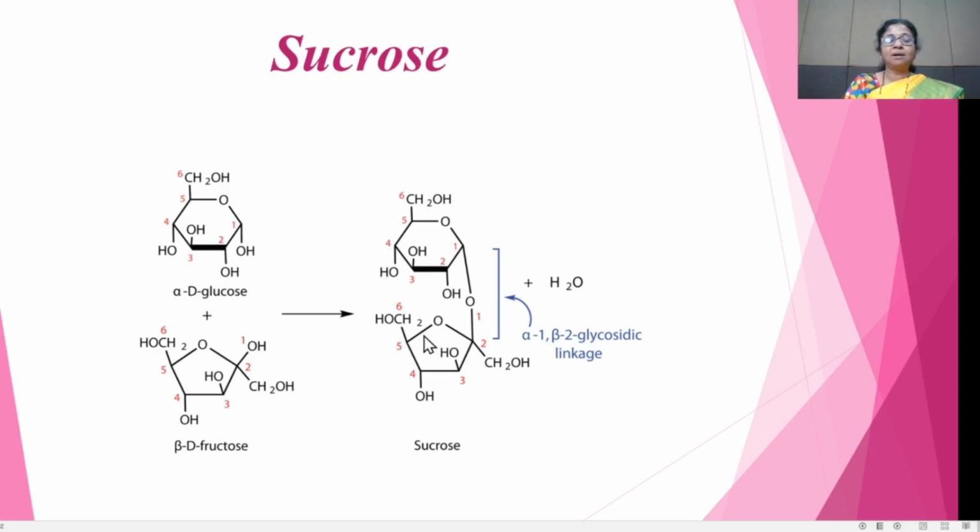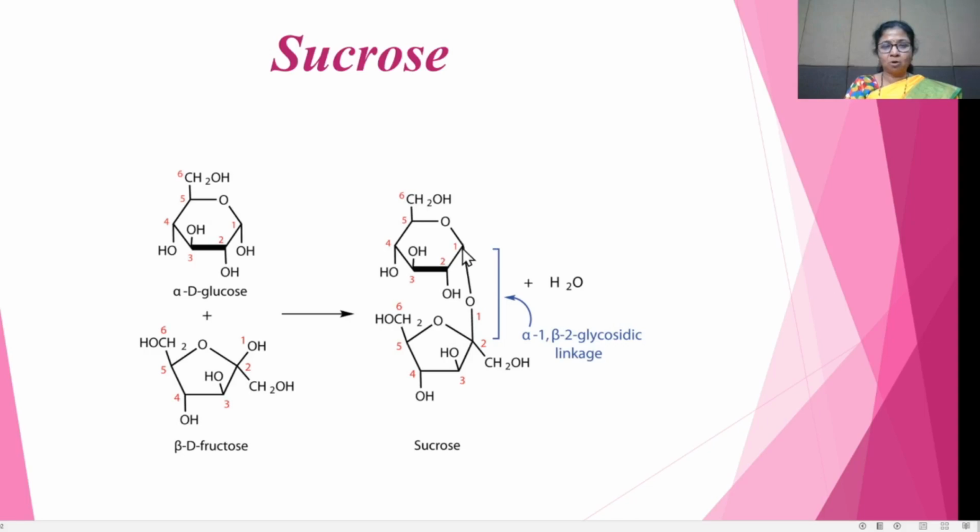Sucrose is a non-reducing sugar because it does not contain a free aldehydic or ketonic group on the anomeric carbon atom. Therefore, it is a non-reducing sugar.